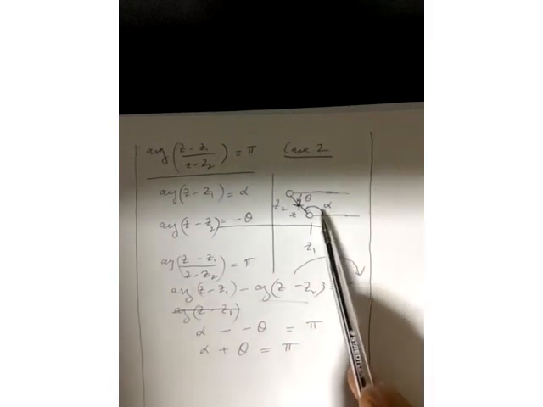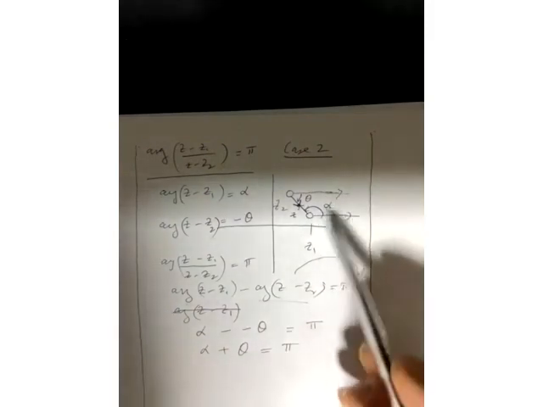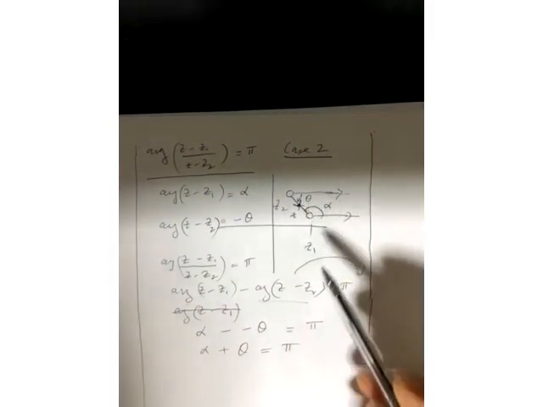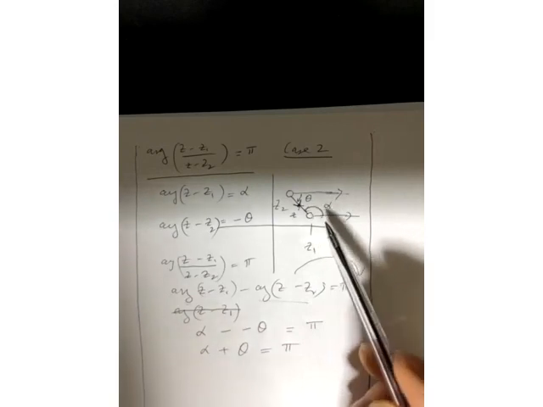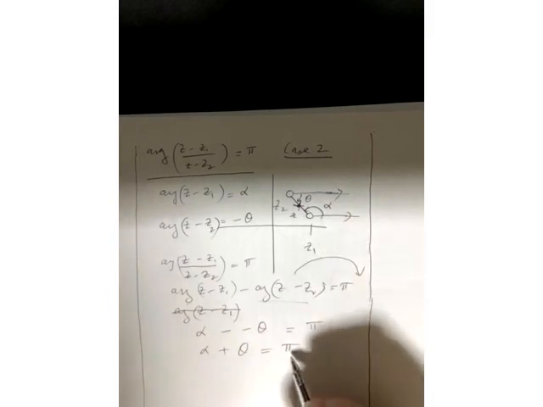Because if you look back at the diagram, these two lines are parallel, and these two angles are called co-interior angles. Co-interior angles on parallel lines are supplementary. That means if you add them up, they equal 180 degrees, which in this case is pi radians. And that's why the locus of the argument of (z minus z1) over (z minus z2) equals pi is the line between the points.